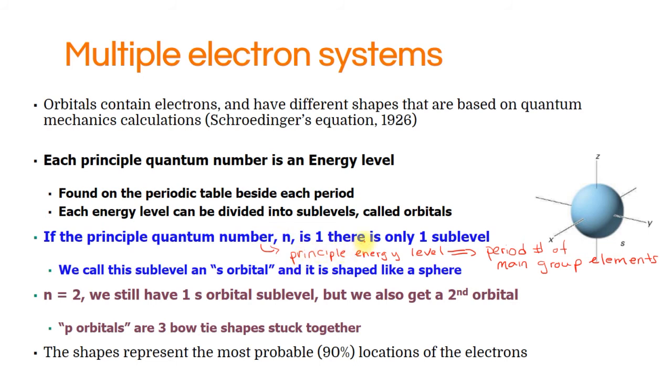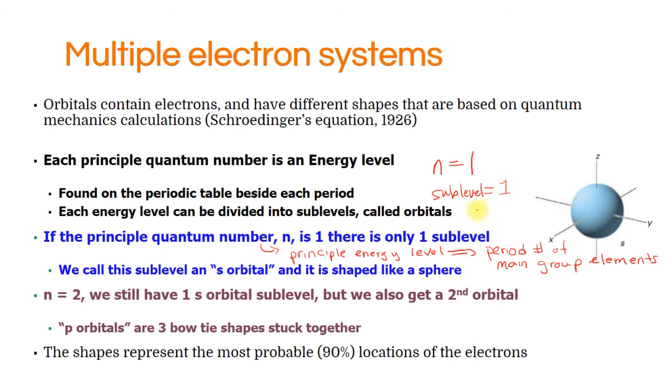Now, if I have a principal energy level of 1, so if my N is 1, that's the lowest energy level we can have. There's no energy level 0 for electrons.